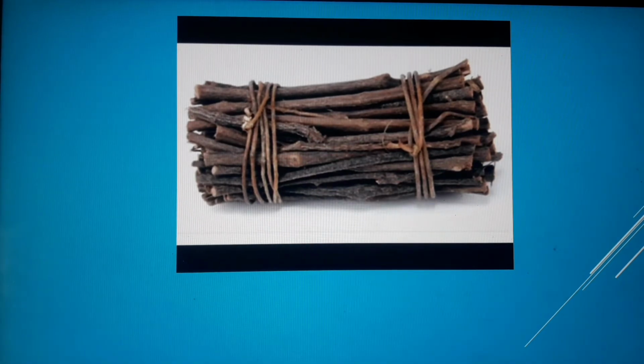I think some sticks together. They are bound together. So how can you say in collective noun? Bundle of sticks. So there are a lot of sticks together. They are bound. So bundle of sticks. The collective noun is bundle.